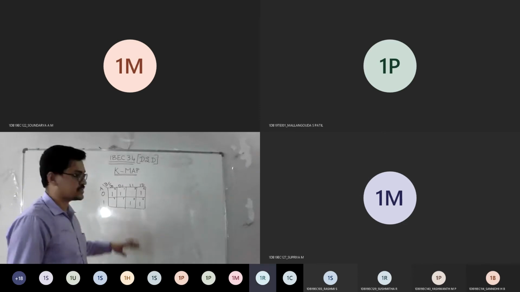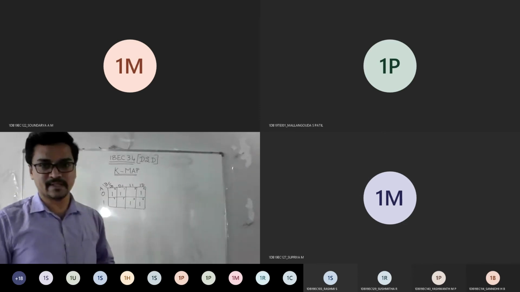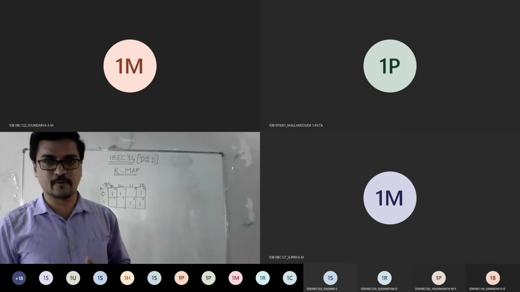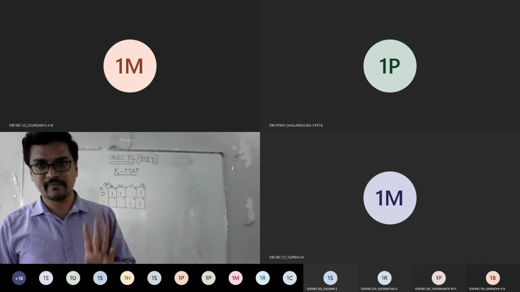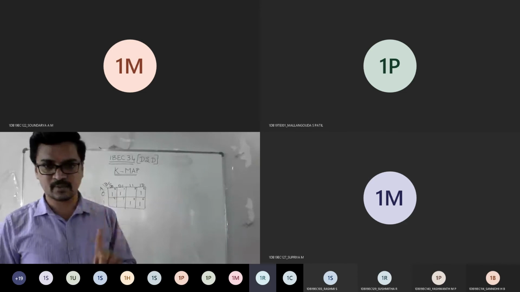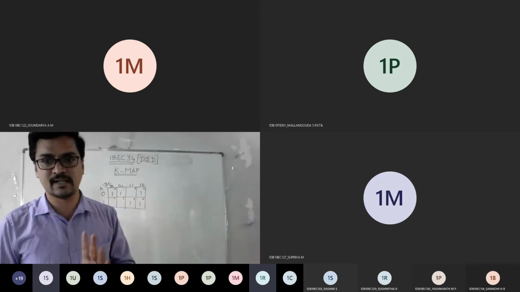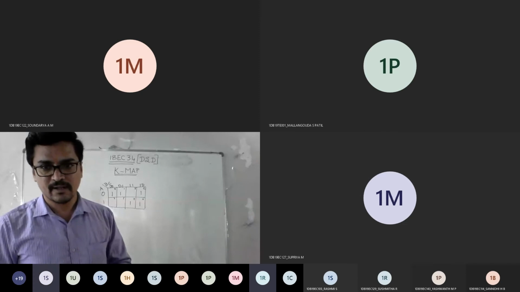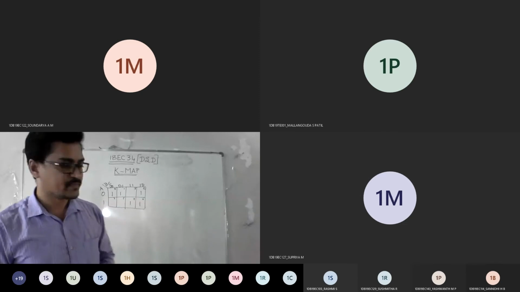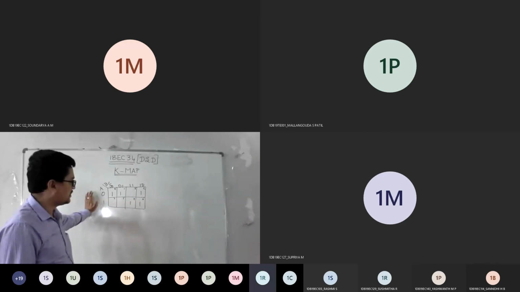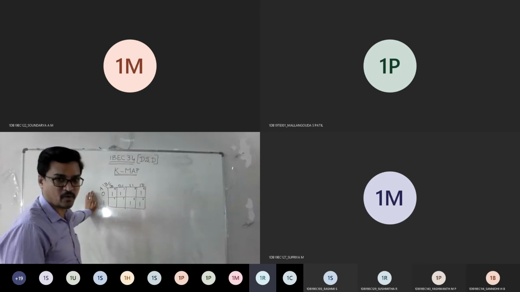So what is the thing I told? Whenever you deal with any K-map, whether 3 variable or 4 variable, you have 3 major categories. One is pairing, 2 at a time, grouping the things, and quad, 4 at a time. Then last is octa, 8 at a time. Correct? So from this example, can you tell me what we can proceed with?